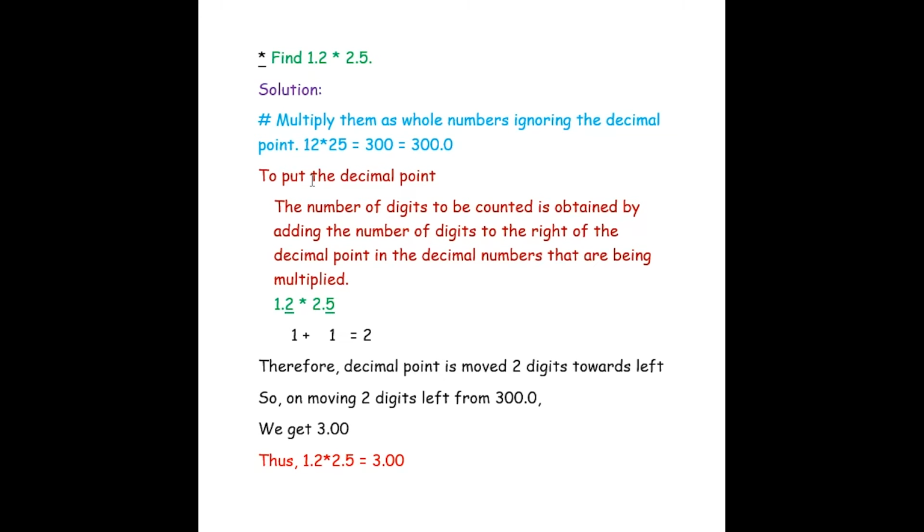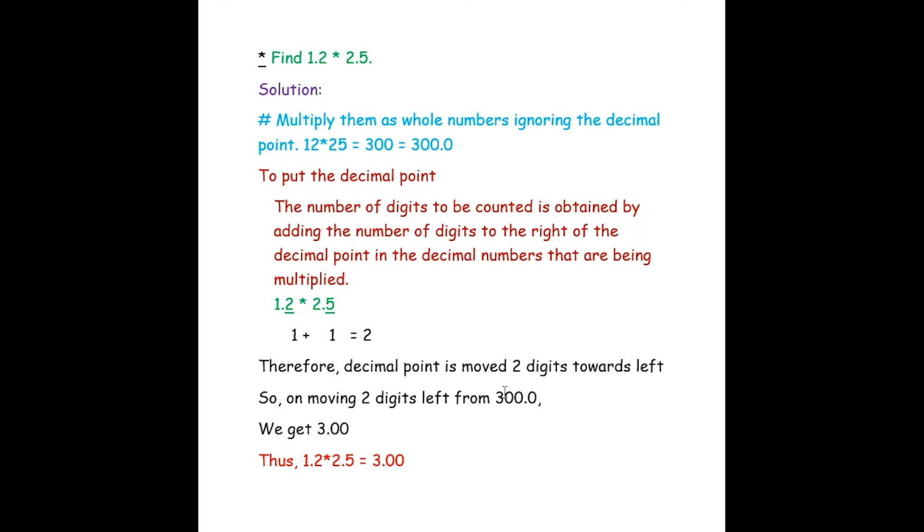Now we want to put the decimal point. The number of digits to be counted is obtained by adding the number of digits to the right of the decimal point in the given decimal numbers that are being multiplied. Here in 1.2 we have 1, and in 2.5 we have 1. So 1 plus 1 is 2.